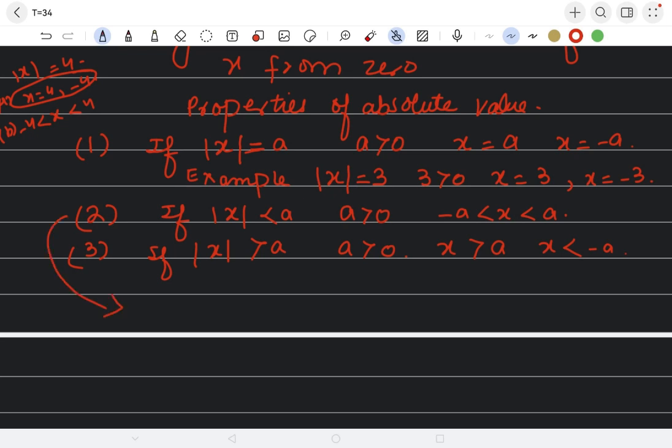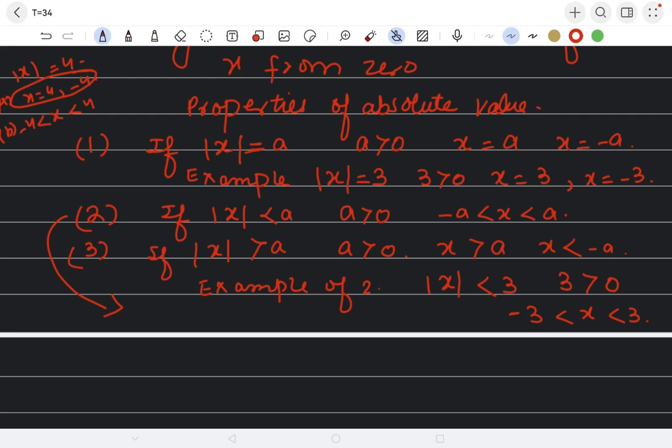Let me first give you an example of 2. For example, if modulus of x is less than 3. Now instead of equal to sign, I have used the less than sign. And this 3 is greater than 0. Then you can write your answer minus 3 till 3.